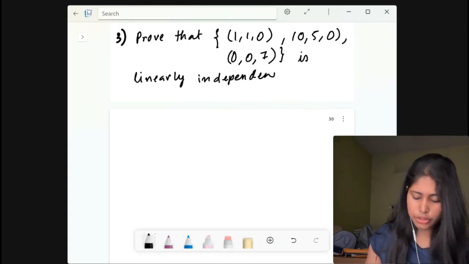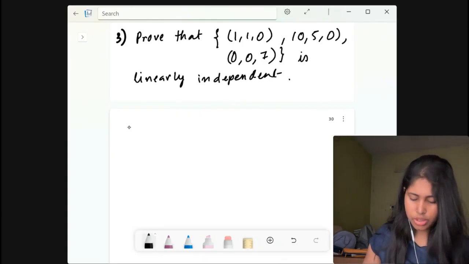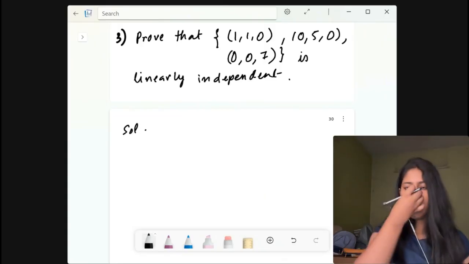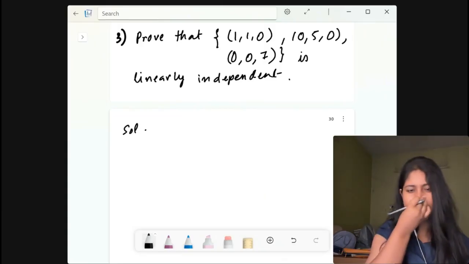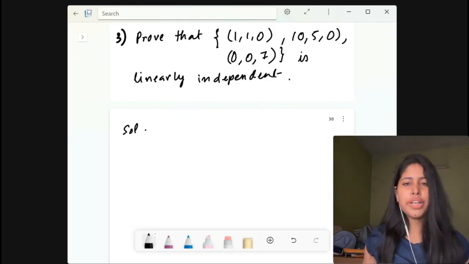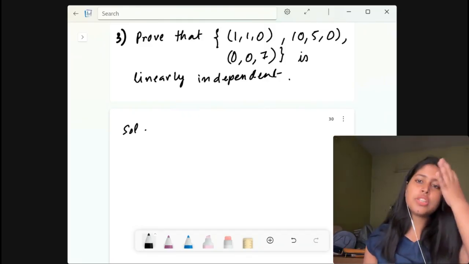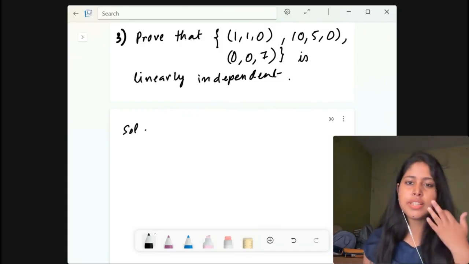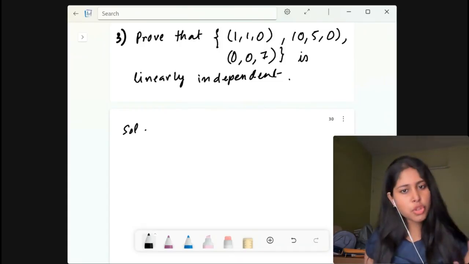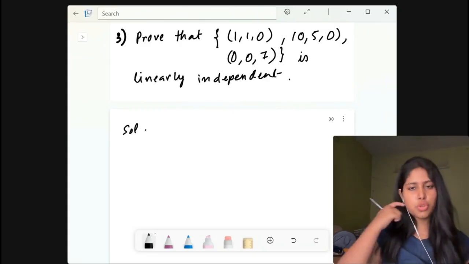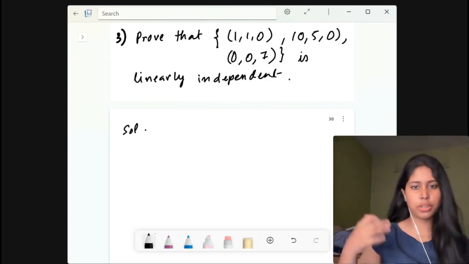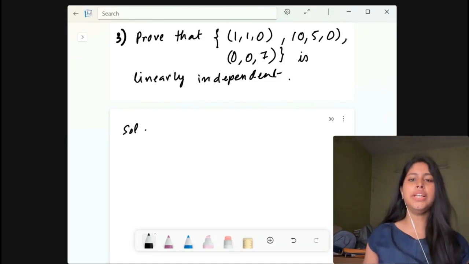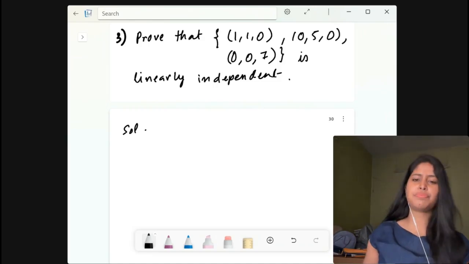Now for this question also we will prove linear independence, right? For independence we show that the only solution of c1 alpha 1 plus c2 alpha 2 plus c3 alpha 3 equals (0, 0, 0) is c1 equals c2 equals c3 equals 0, because all the scalars will be 0. That is all we need to do.